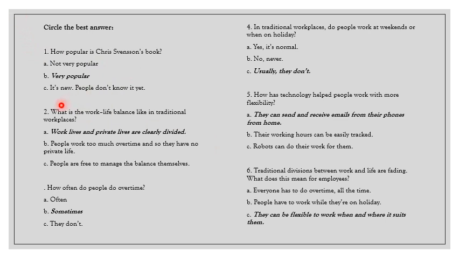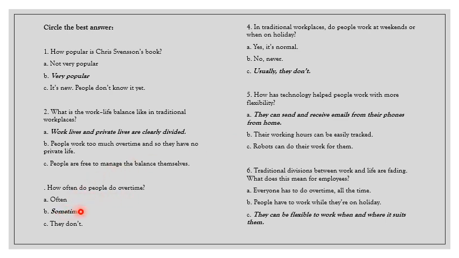What is the work-life balance like in traditional workplaces? So the correct answer is work lives and private lives are clearly divided, and the speaker, the writer of the book, mentions this clearly. Okay. How often do people do overtime?